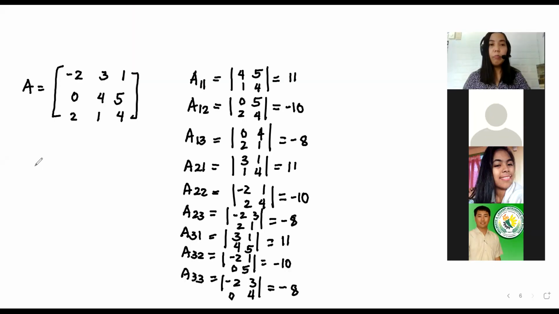If the sum of the position is even, you're going to multiply it by positive. If the sum of the position, kaya may mn, m rows and columns, is odd, you're going to multiply it by negative.